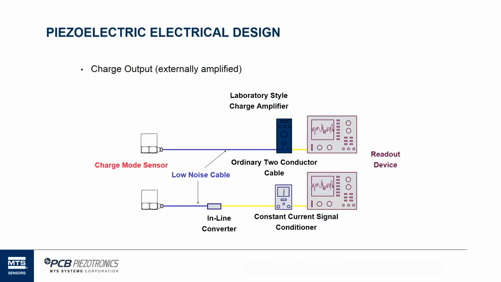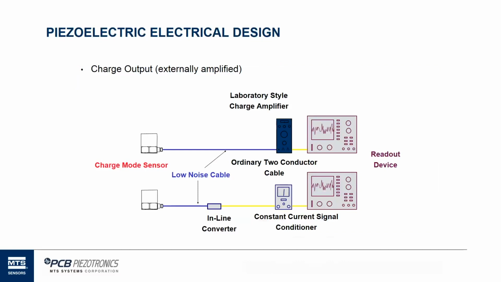That amplifier in the charge mode instance is moved outside of the accelerometer, usually to move away from a high temp environment, because I think I mentioned that the most vulnerable part of that accelerometer is the electronics to temperature. And what we'll do is, most commonly we'll see it on the bottom there, we see that block that's called an inline converter.